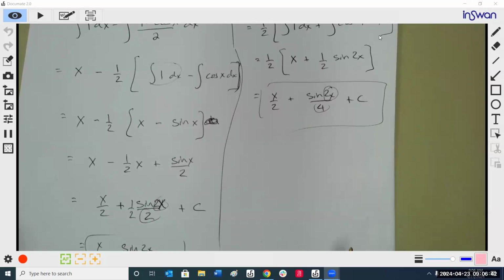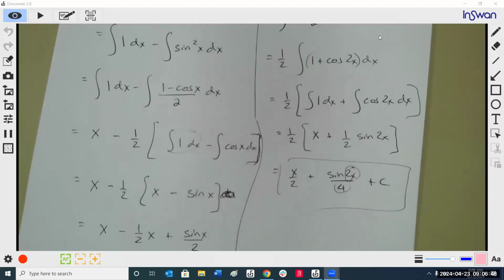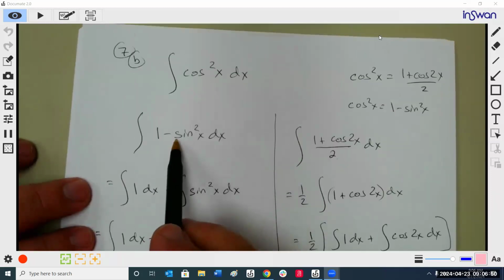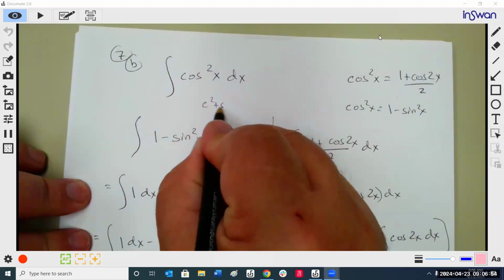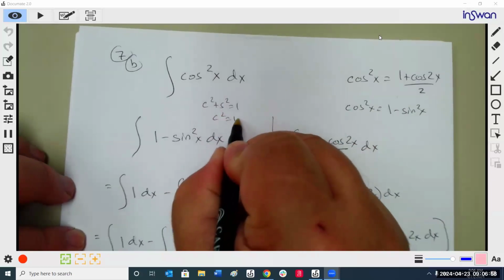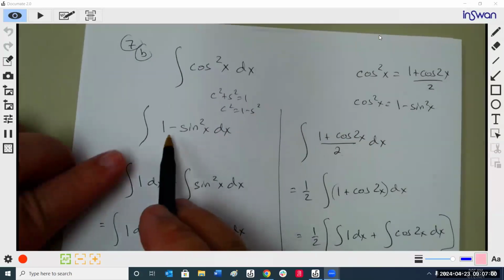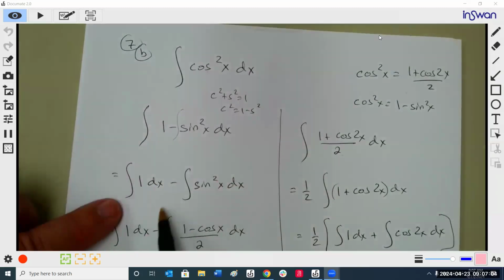Why is it x minus 1/2 on the first one? I understand the 1/2, carried forward from the cosine. Yeah, because cosine squared plus sine squared equals 1. So cosine squared equals 1 minus sine squared. So now I take the integral of both of these.